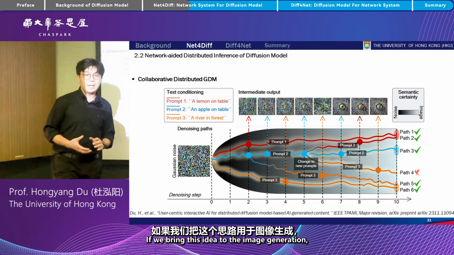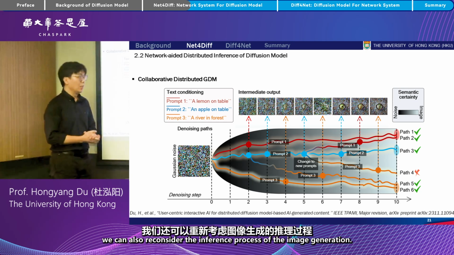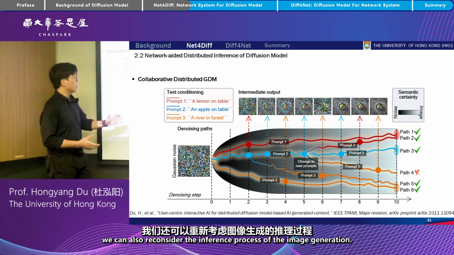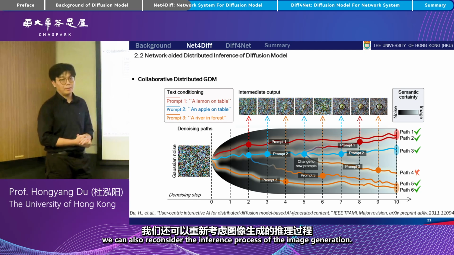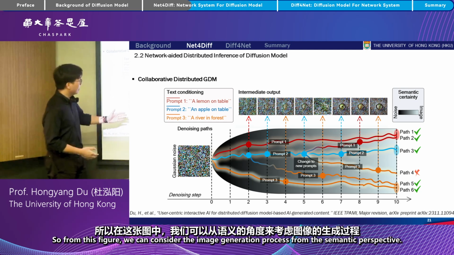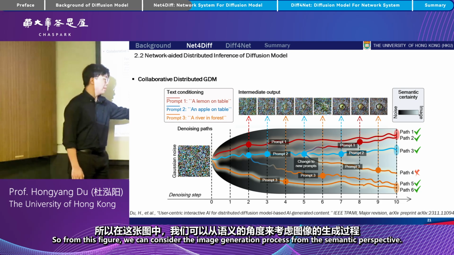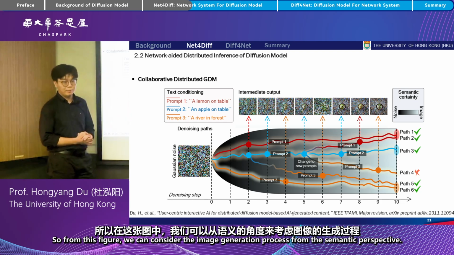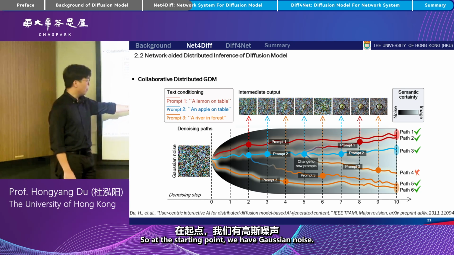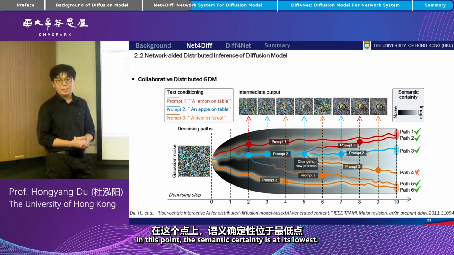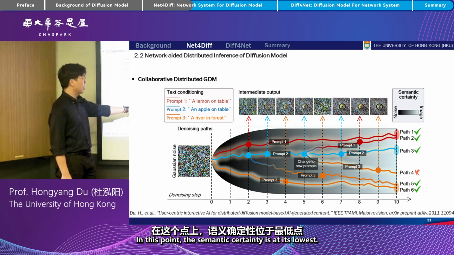If we bring this idea to image generation, we can also reconsider the inference process. So from this figure, we can consider the image generation process from the semantic perspective. At the starting point, we have Gaussian noise. At this point, the semantic certainty is at its lowest.